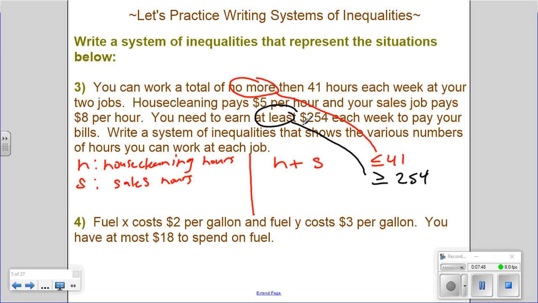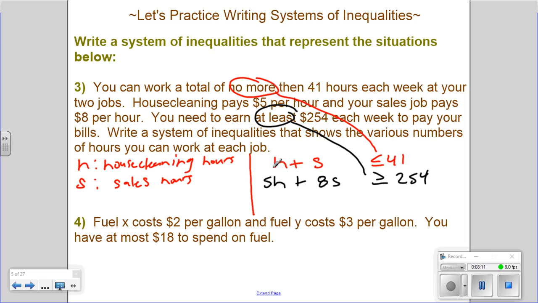And now, since it's how much I earn, I need to take into consideration how much I get paid an hour at each job. So house cleaning pays $5, so I would say 5 times H plus sales is $8 an hour, so that would be 8S.